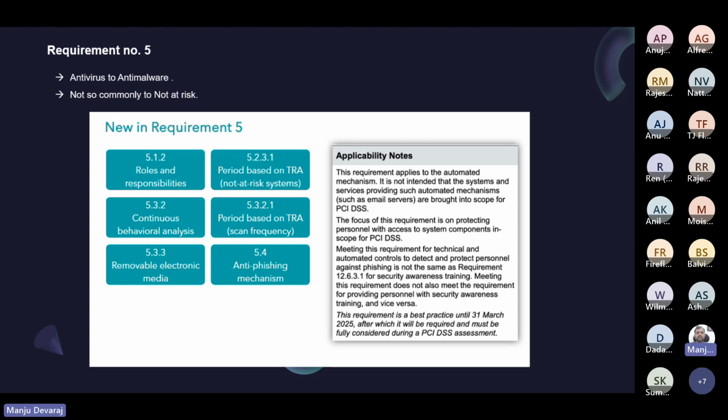There is no need for you to specifically define a frequency, but you can always define that. For a traditional system, which is signature based, and scan frequency is defined, they still have to comply with the standard. There should be a predefined period, whatever, so daily scans or whatever.